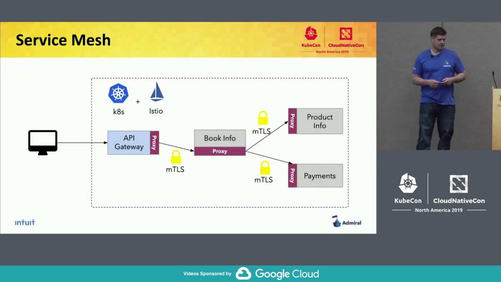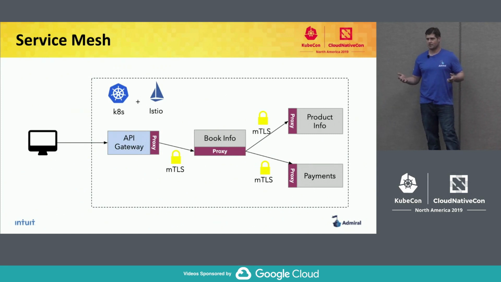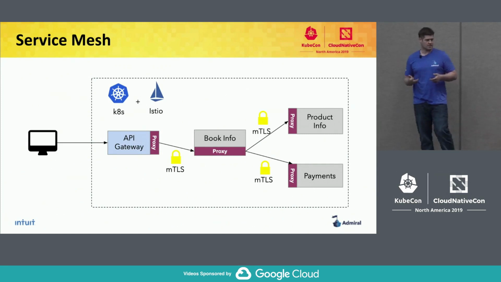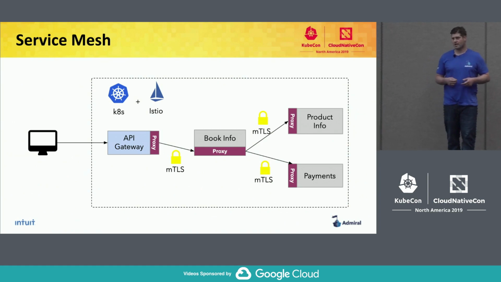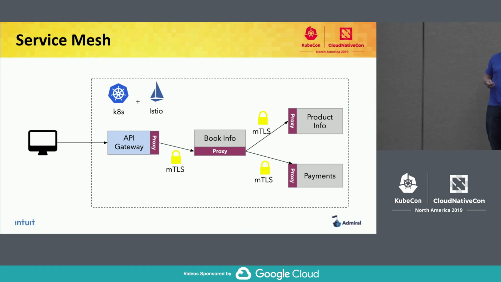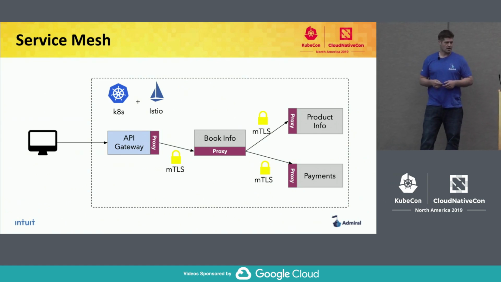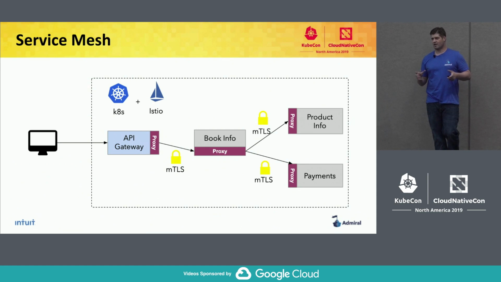Here's a quick sample of what a service mesh might look like. In this particular deployment, we have some toy services, a book info service, a product info service, and a payment service. The book info service is going to talk to these other two services. We have a single cluster here, with an Istio control plane installed in this cluster.